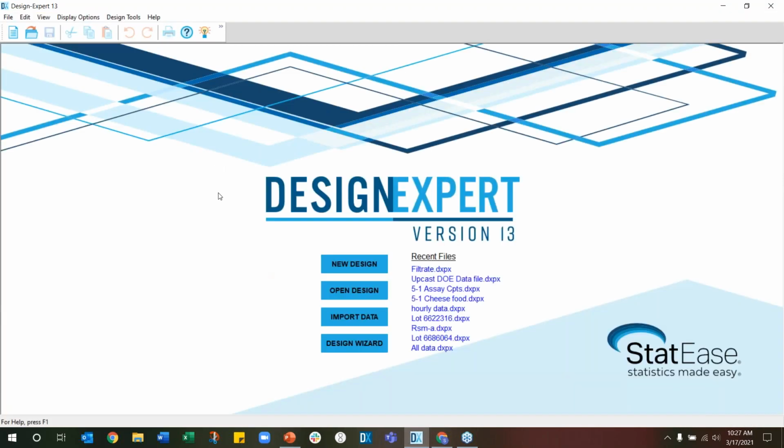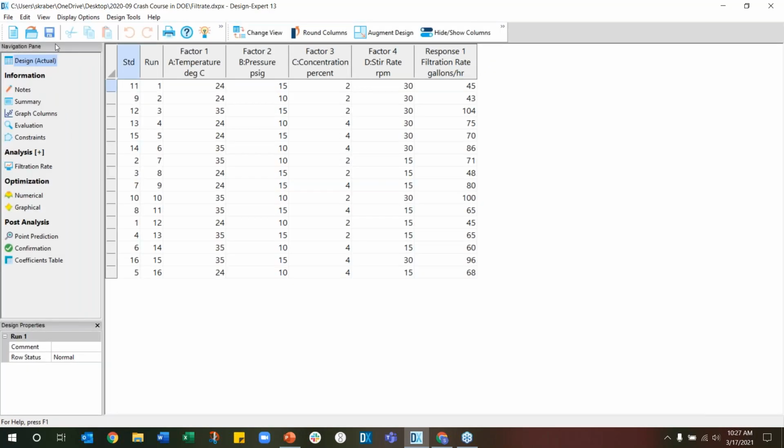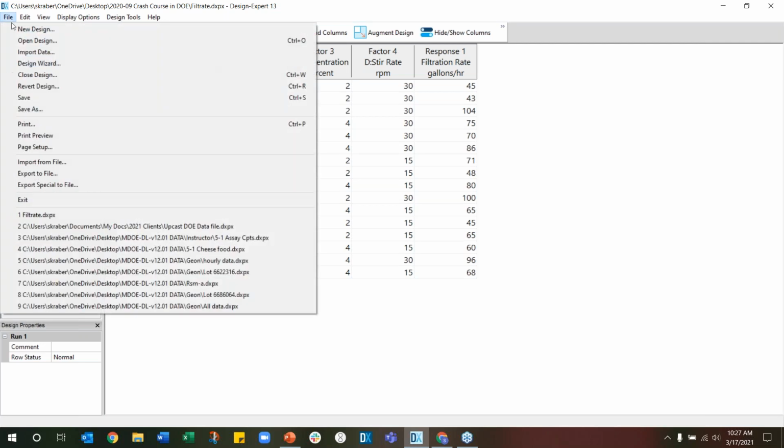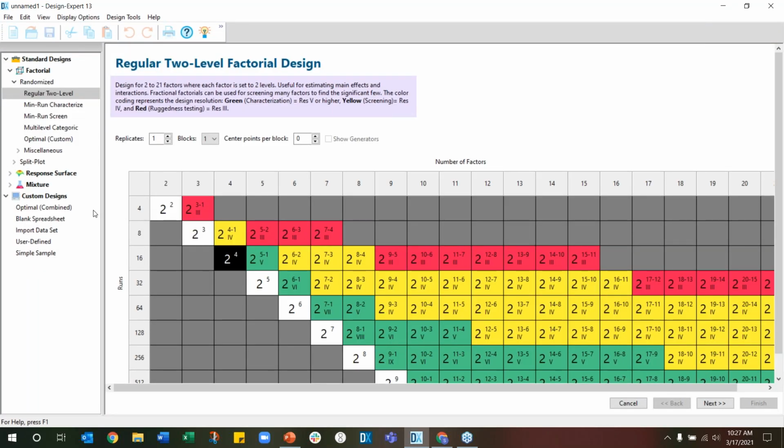So let me get Design Expert open. And I'm just going to kind of walk through that build process. So this is usually your opening screen. And so we chose that 4-factor, 12-run design.